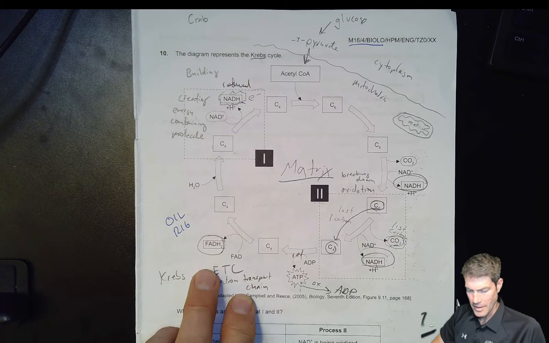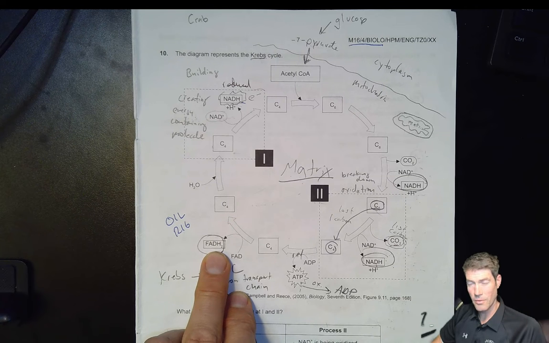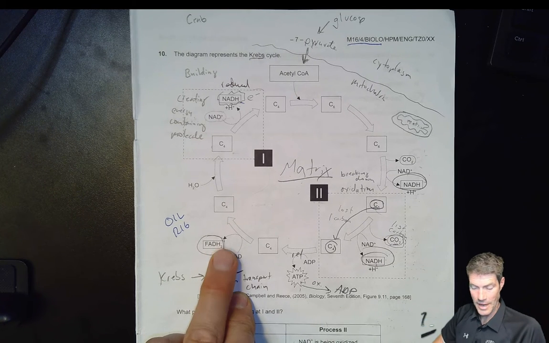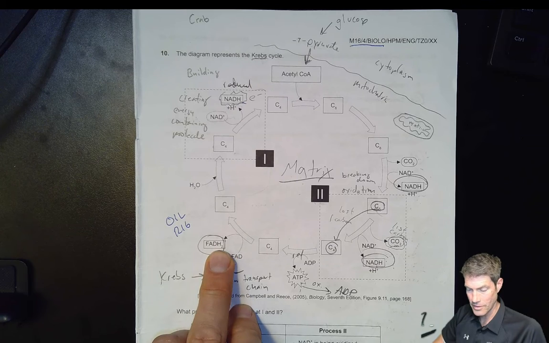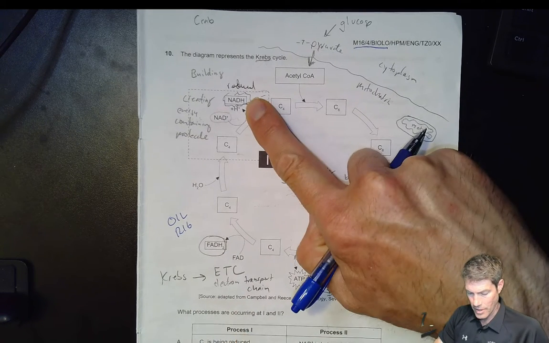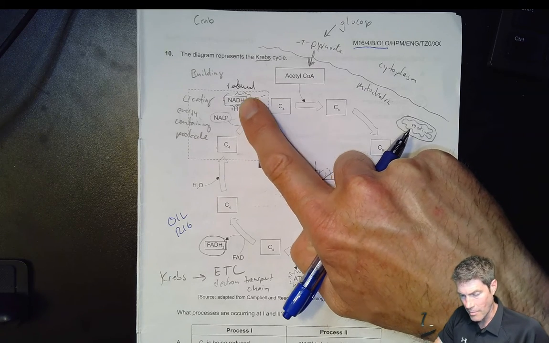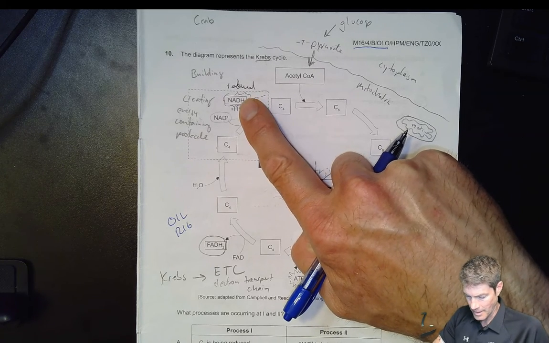So we see here being reduced, this FADH2 is also reduction reactions. You're building something, and we're adding the hydrogen ion right to that. So process number 1 over here, we're seeing reduction. We're creating a molecule, we're building it up.